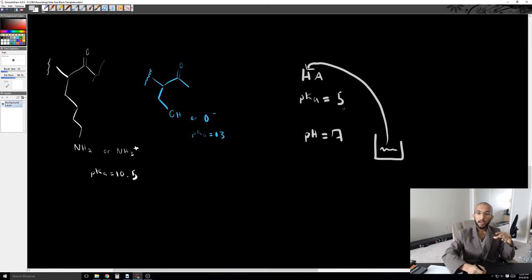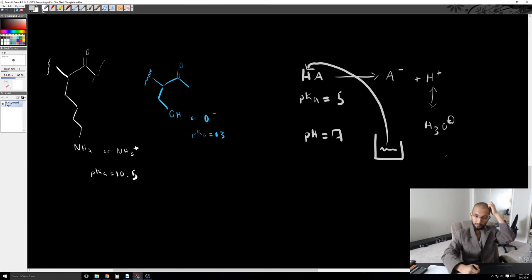And so a species with a pKa of 5 in a solution of pH 7 is more often than not going to exist in the A- state, and we're going to have free protons, which are basically H3O hydronium ions, however you want to look at it.